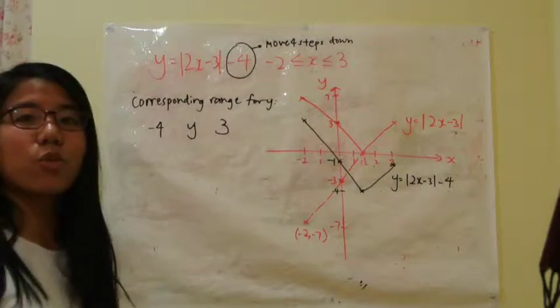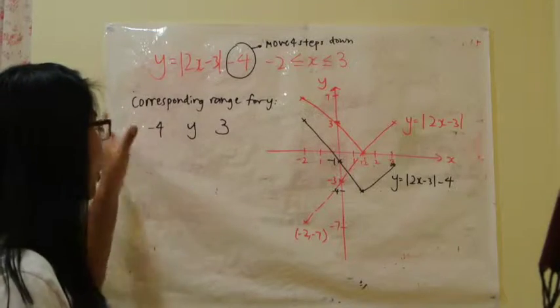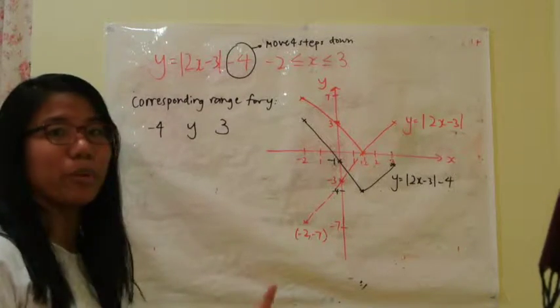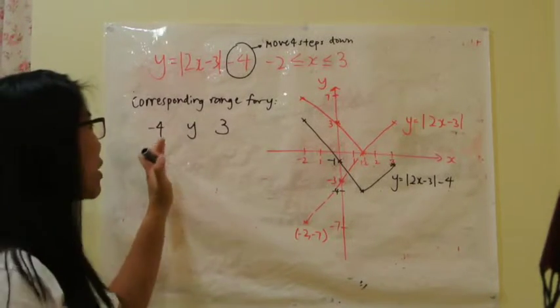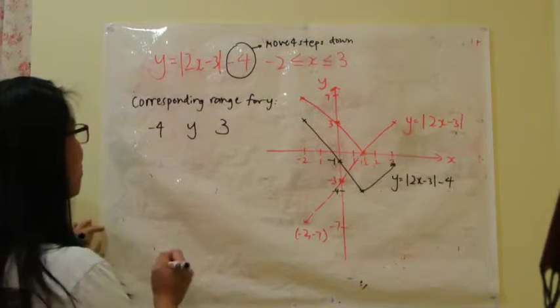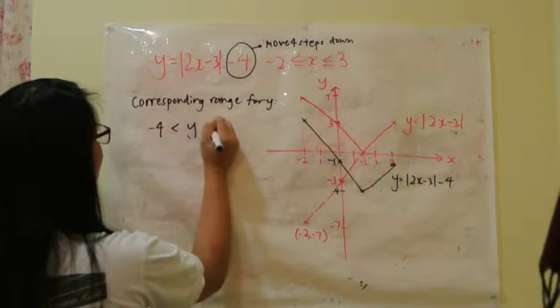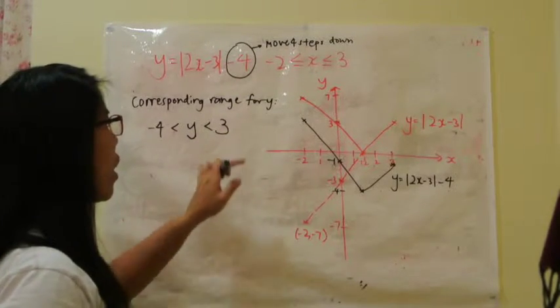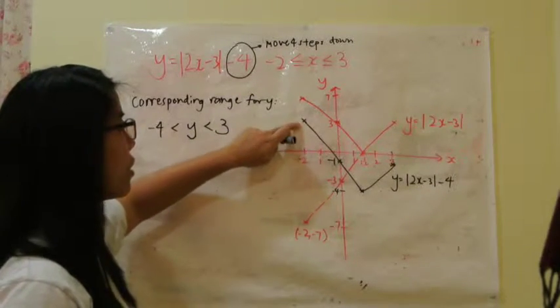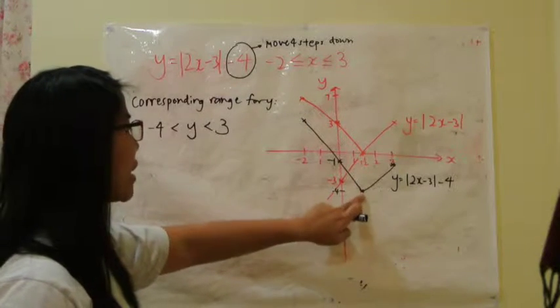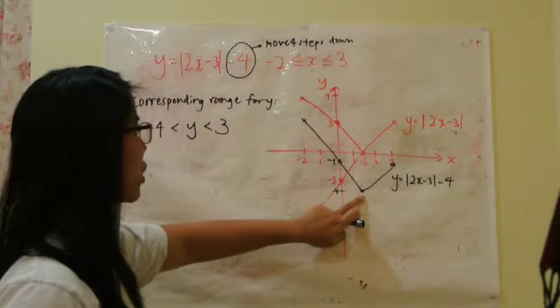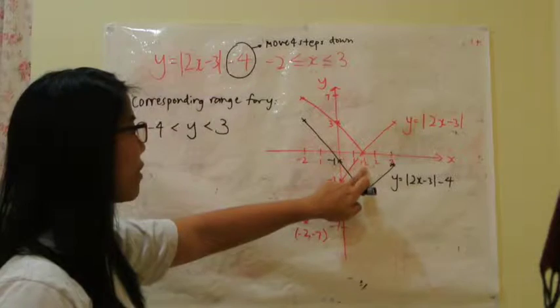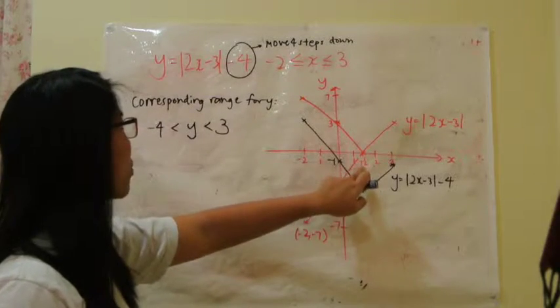Now we have to go through the checking process again to see whether minus 4 and 3 are included. Let's draw in your inequality signs first. When y is minus 4, x is 1.5.